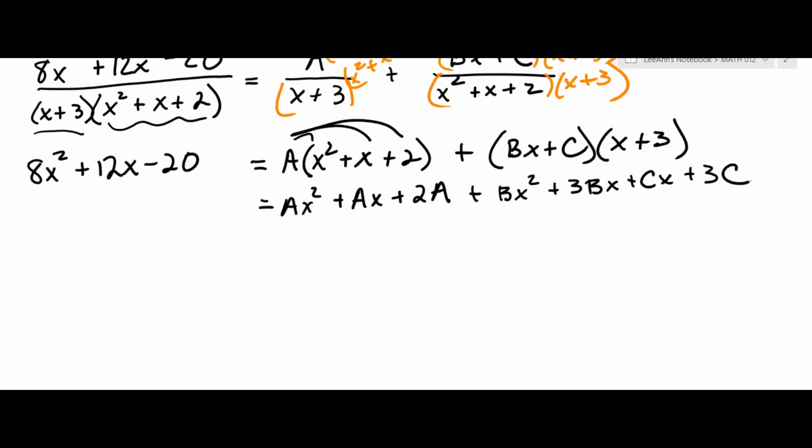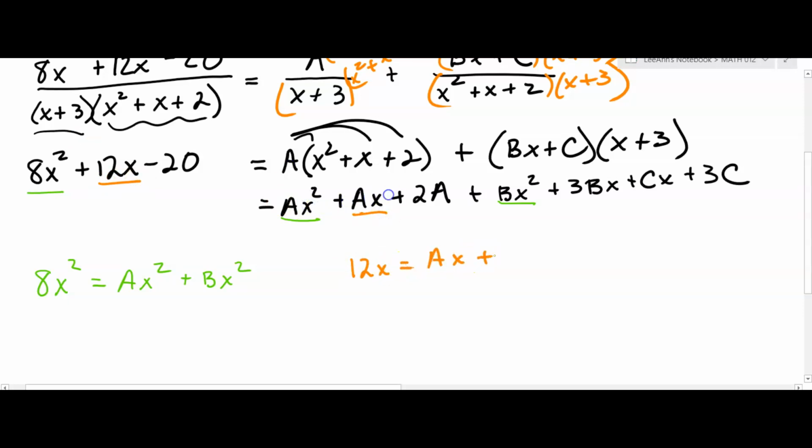So you have 8x squared. That has to equal the total of ax squared plus bx squared. I don't have any more x squareds. Then 12x has to equal ax plus 3bx, so any term that has just x in it, plus cx.